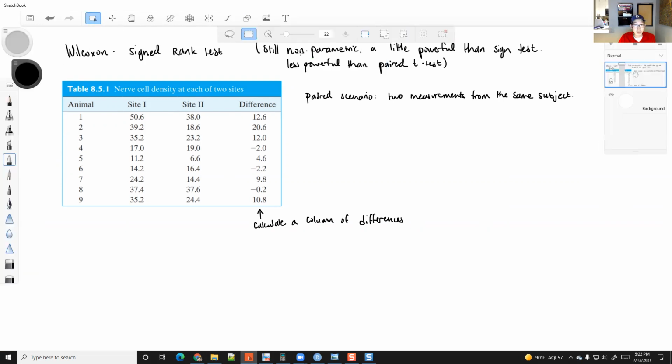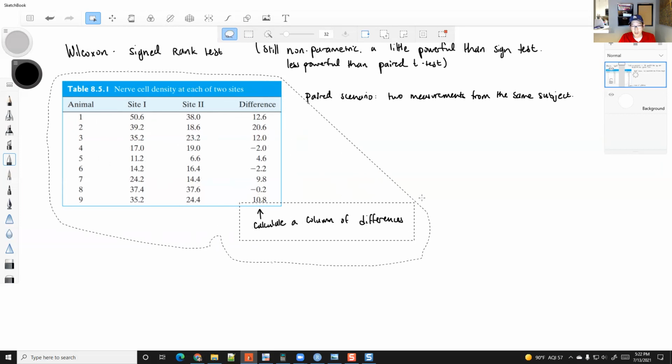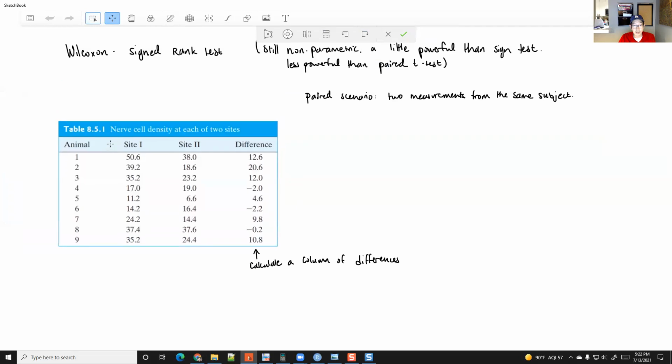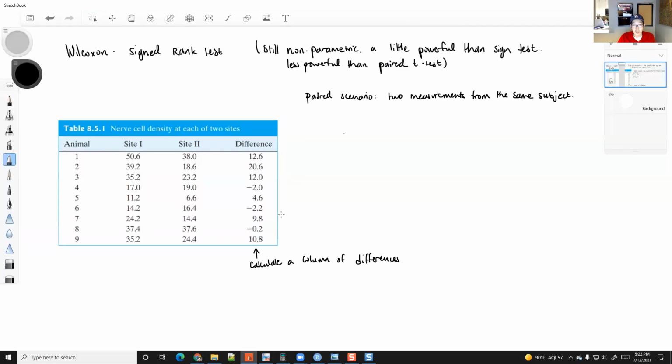I want to slide this down. So we calculate a column of differences.